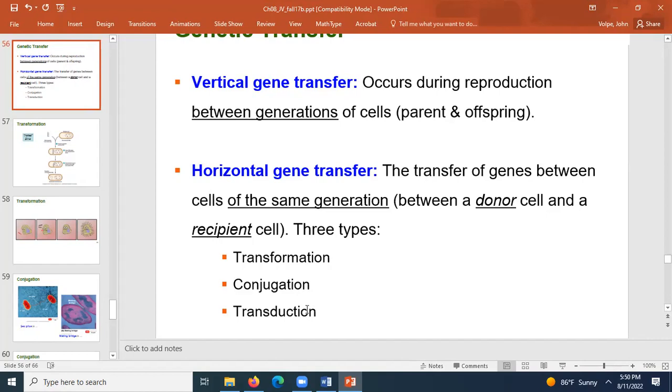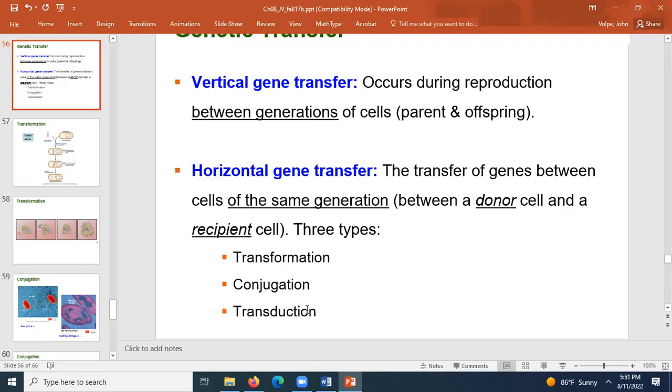If the F plasmid were to incorporate a gene like tetracycline resistance, it would then pass on that gene to the new cell, the recipient cell, and then both cells can become tetracycline resistant. Any question about any of that?